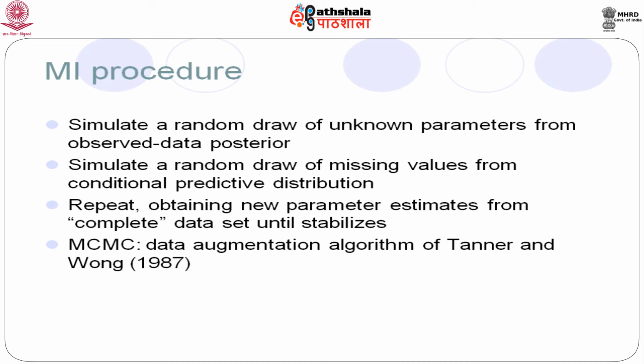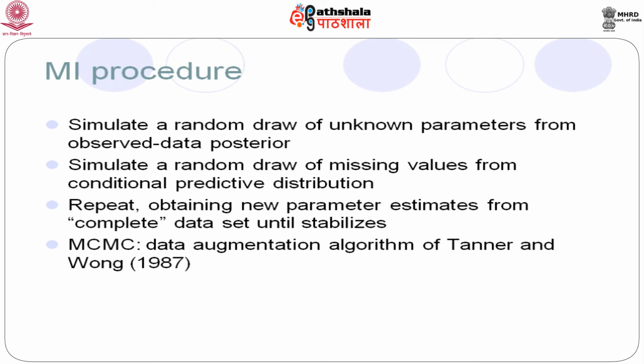We repeat this, obtaining new parameter estimates from the complete data set until it stabilizes. This technique, which was introduced by Tanner and Wong in 87, gives us, given the data, the joint posterior distribution of the predictive observations and the parameters of interest in the model.